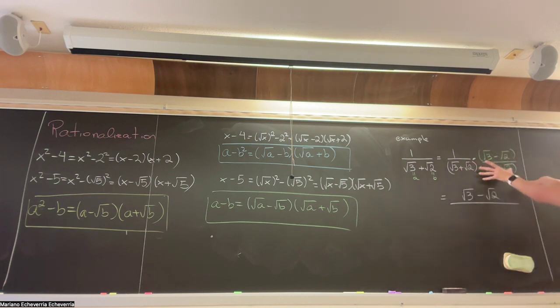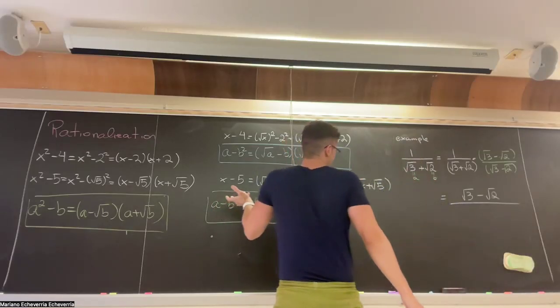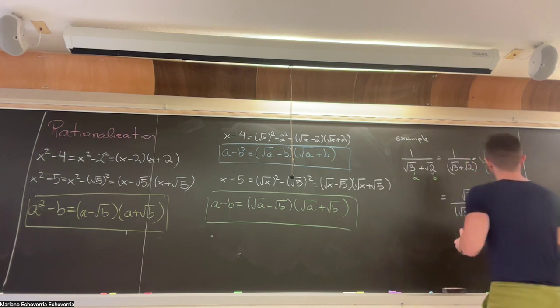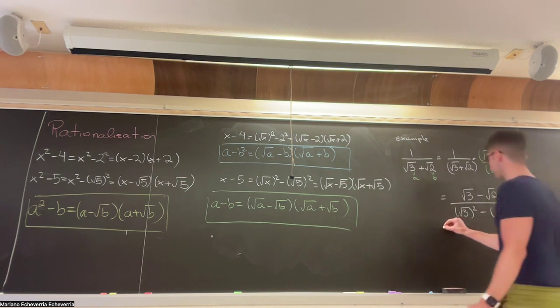But what happens with the denominator? The difference of squares tells you it's 3 minus 2. I'll write it like this: root of 3 squared minus root of 2 squared, so that it looks more obvious that it is the difference of squares formula I'm using. Root of 3 squared is 3 and root of 2 squared is 2.